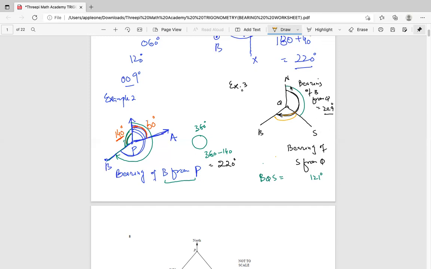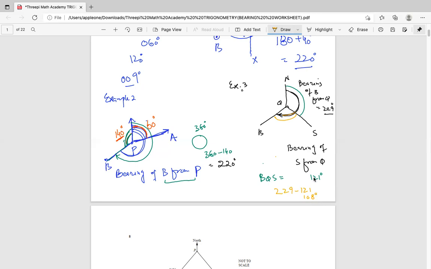And the green angle is how much? That is 121. So how to find this yellow part? This is very simple. 229 minus 121. The result is 108 degrees. This is not a bearing, this is just an angle. So 108 degrees is the answer for angle BQS.